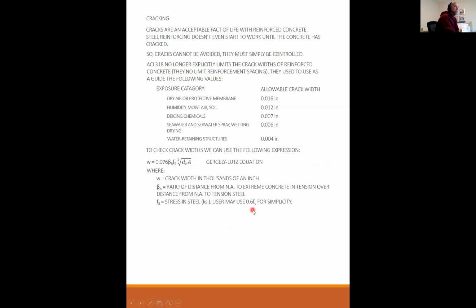You may use 0.6 fy for simplicity, or you can calculate this explicitly. d sub c is the cover of the tension steel, from the centroid of the steel to the extreme concrete in tension. And A is the effective tension area of concrete, equal to the area of concrete with the same centroid as the steel divided by the number of bars.